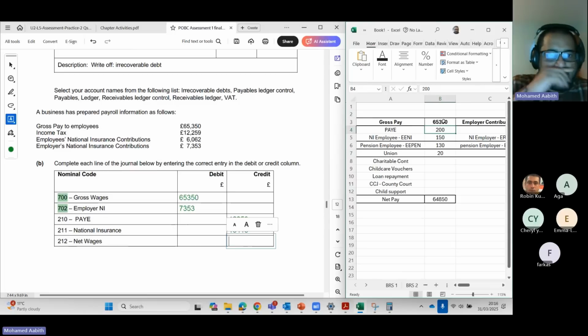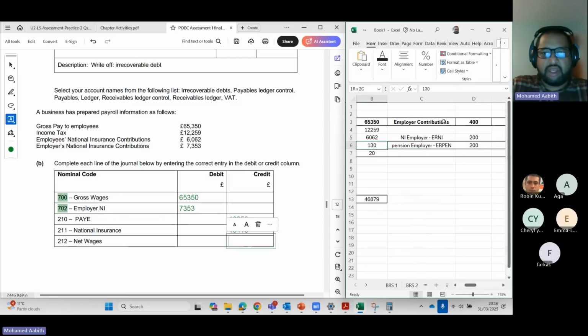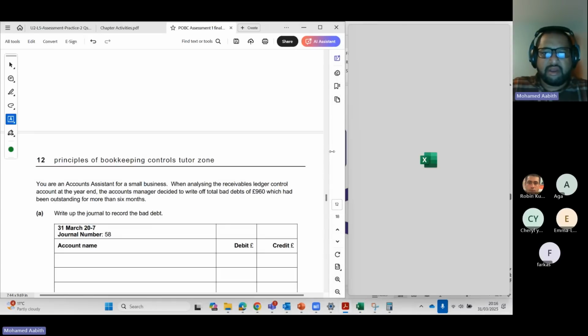65,350. The PAYE tax is going to be 12,259. Then we have employee contribution is 6,062. No other numbers matter. So here, let's get rid of these numbers. Let me see whether I can make it a little bit bigger. There you go.